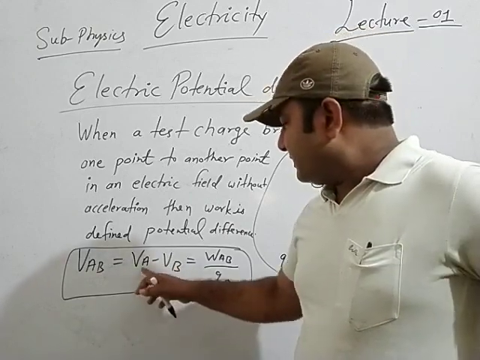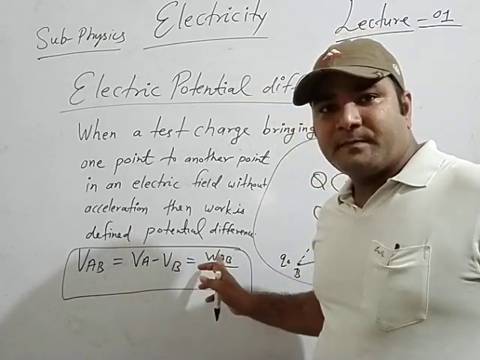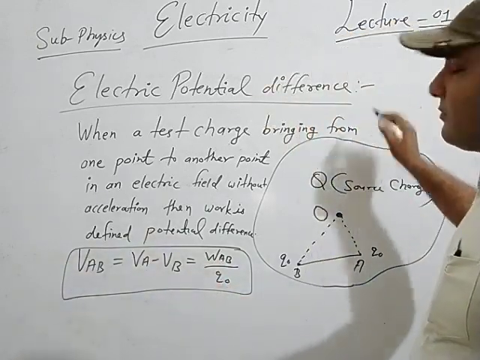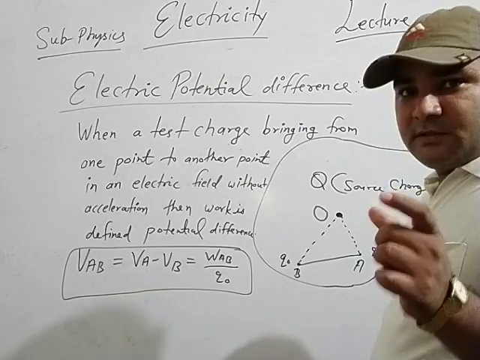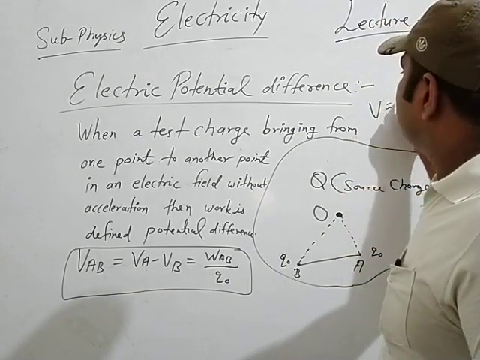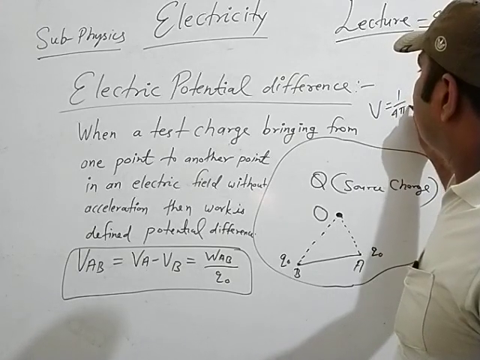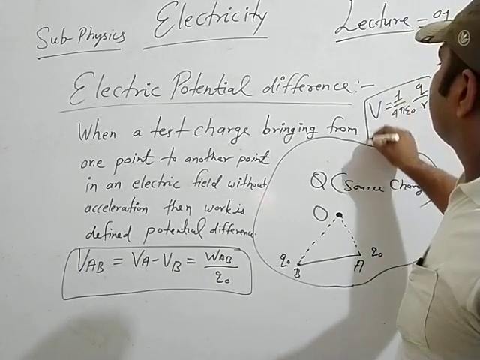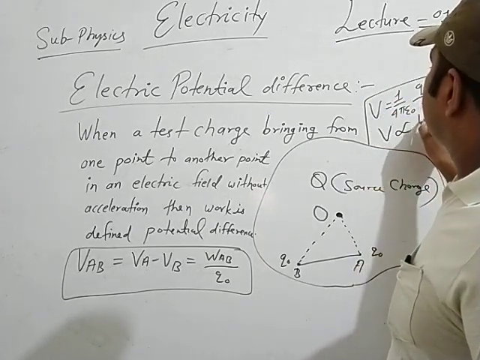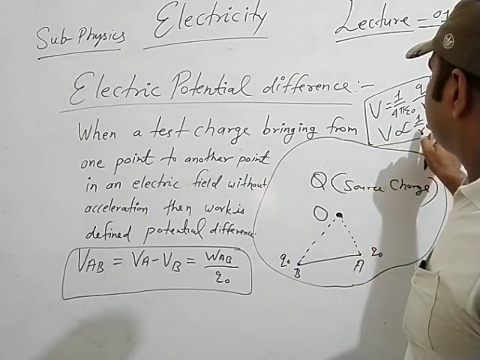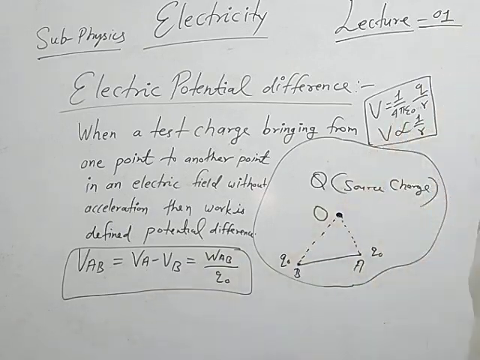So VA minus VB is equal to WAB upon Q naught. When you will just study in class 12, then potential formula will be equal to 1 upon 4 pi epsilon naught Q upon R. It means V inversely proportional to R.